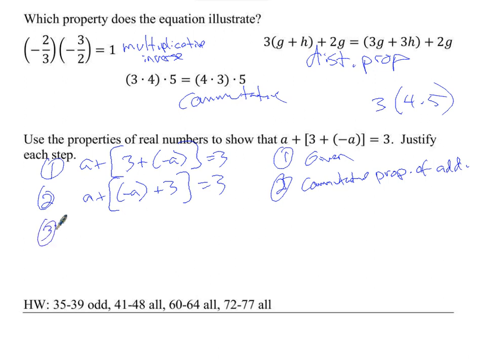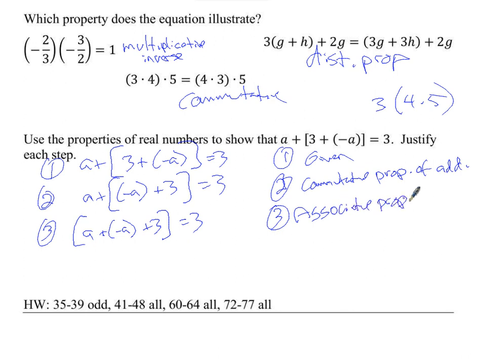And we'll have grouping symbol here, a plus negative a, and then the plus 3 equals 3. What allowed me to do that? Associative property. Please abbreviate appropriately, if you abbreviate. Associative property of addition.